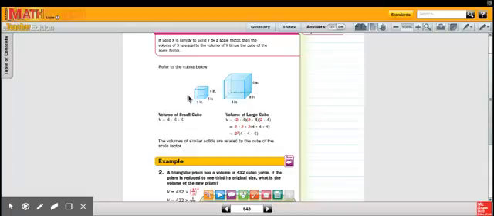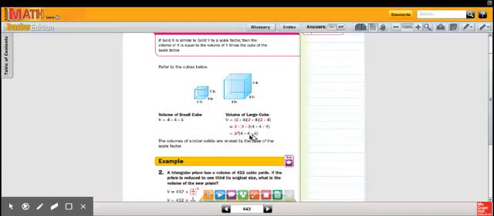Okay, so again, it's the same cube, and you have volume. And again, the scale factor is 2. So the volume is 4 times 4 times 4, right? Length, width, height. And if you made everything twice as big, it would be 2 times 4, 2 times 4, 2 times 4.